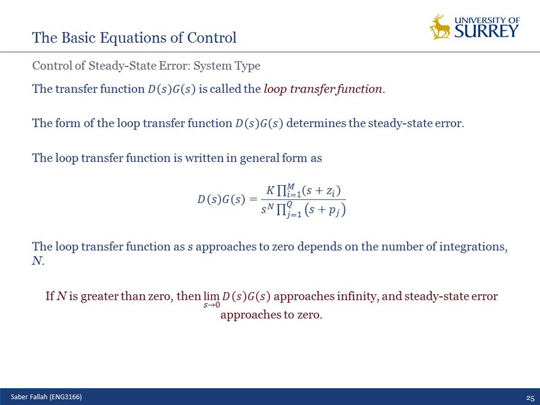Look, we are looking at the loop transfer function. I'm not looking at the closed loop transfer function. Closed loop transfer function is DG over 1 plus DG, or error is 1 over 1 plus DG.